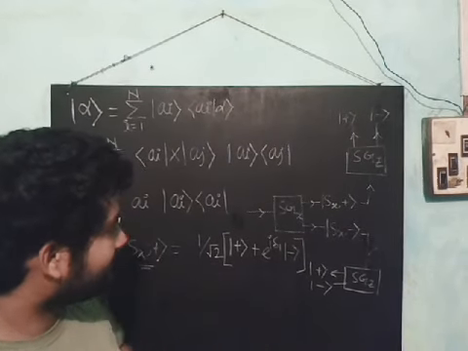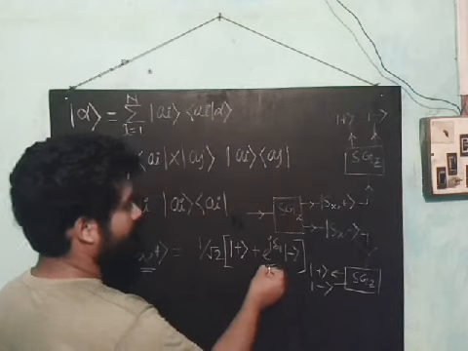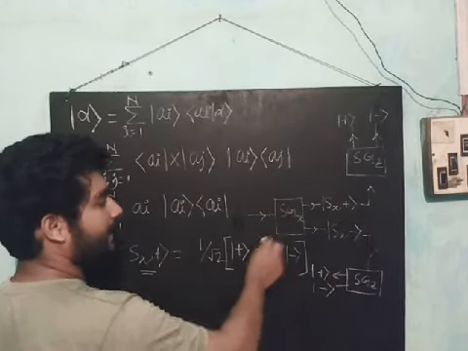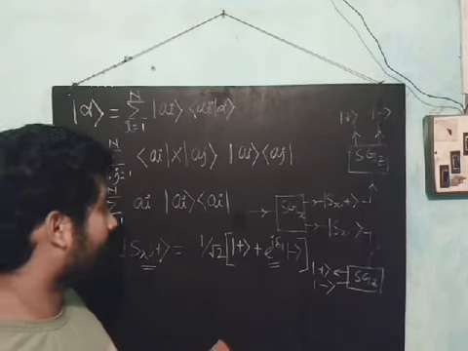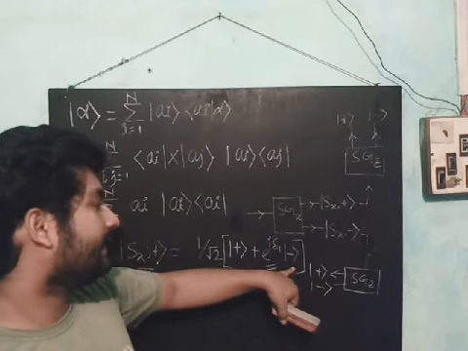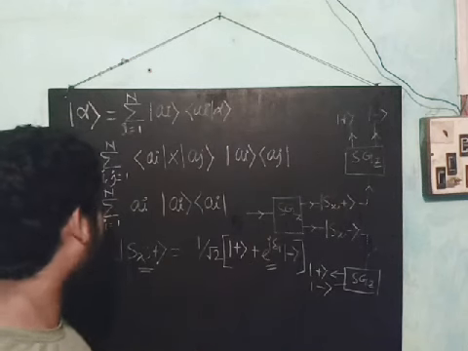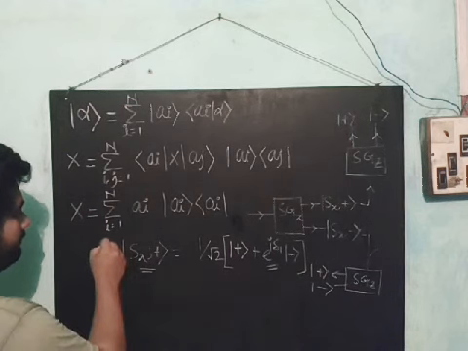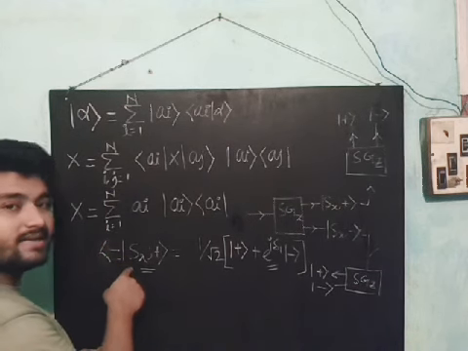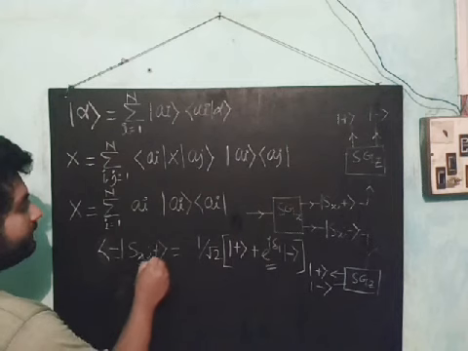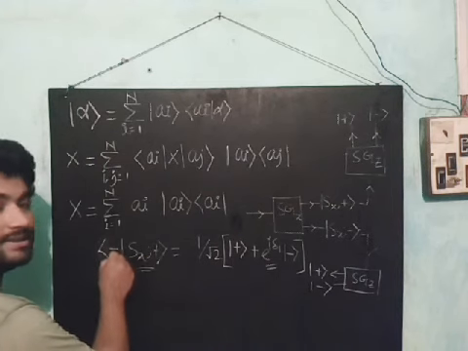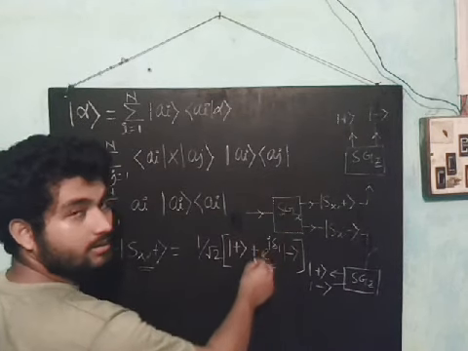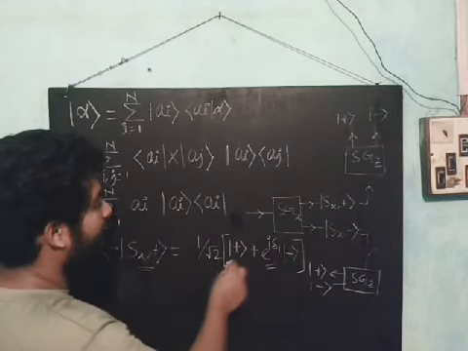Now what is this thing? We can multiply any arbitrary complex number for this negative or this positive, because when I do the scalar product with this negative, it will give me e to the power i delta 1 by root 2.